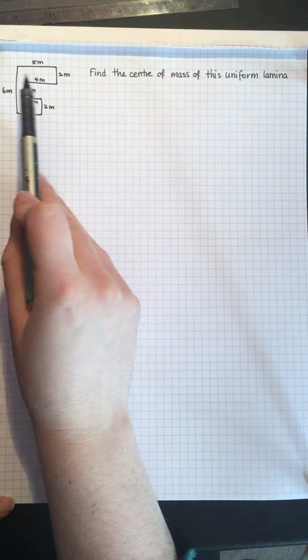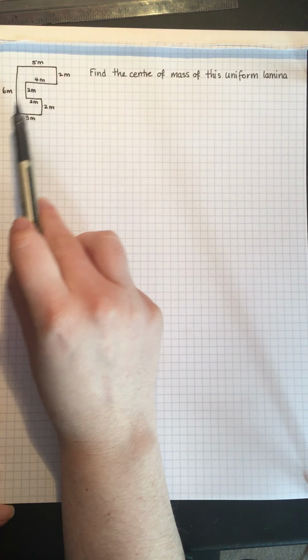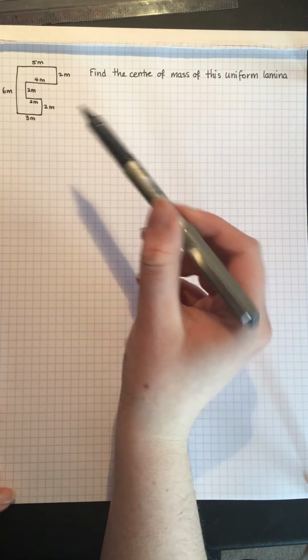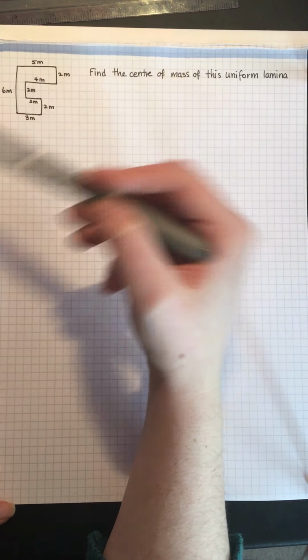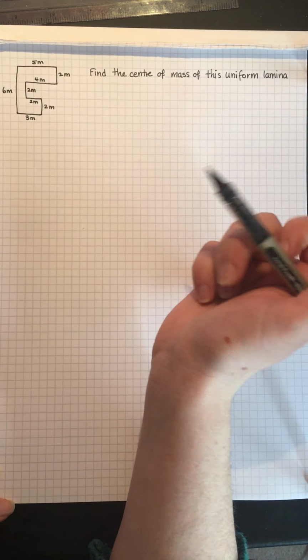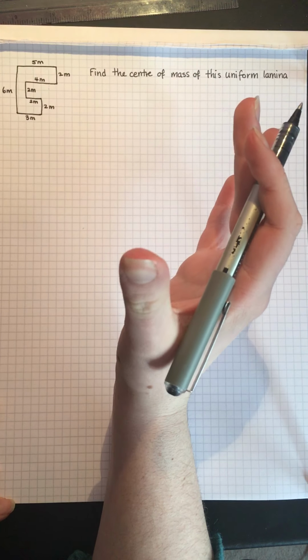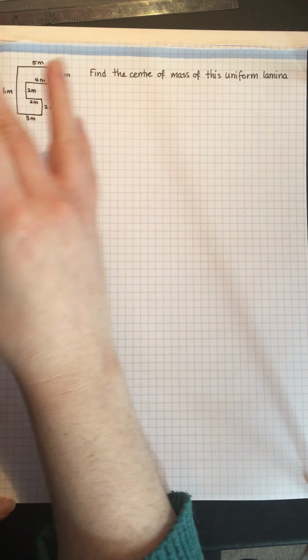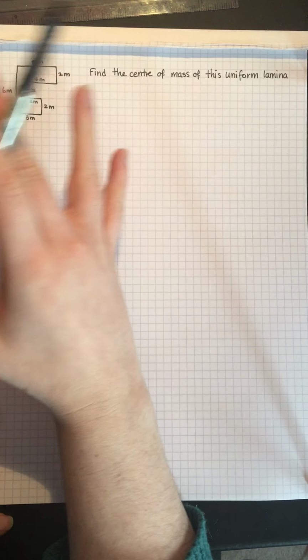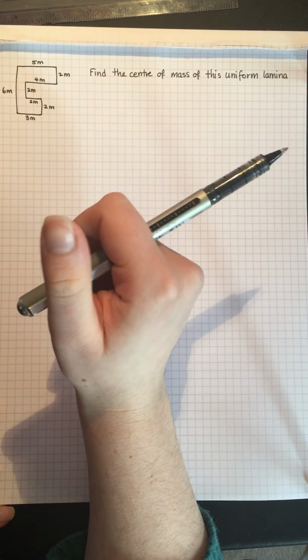And it's uniform, which means that its mass is evenly distributed throughout, and what that means is we don't actually need to know what the mass is to be able to find its centre of mass, because if it's uniform then the mass of each section is proportional to its area.